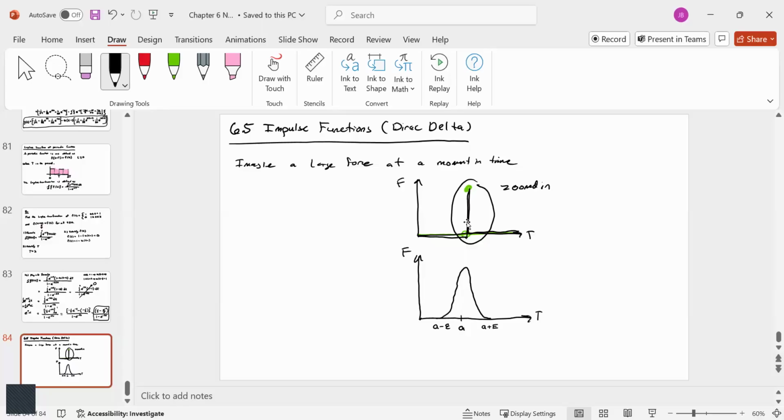Now, is it going to be a curve like that? No, probably not. This is more of a normal distribution type thing. What it could look like is maybe a box, like it hits and then it stops. And the question is, well, what's this epsilon number? What does that mean? How do I know what it is? The truth is, it's just going to be a really small number. And then what's the value of this curve at this point?